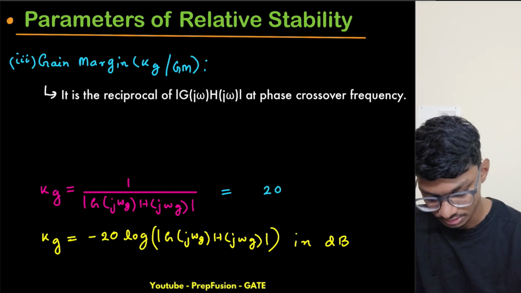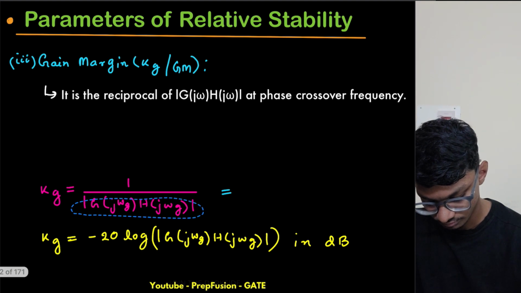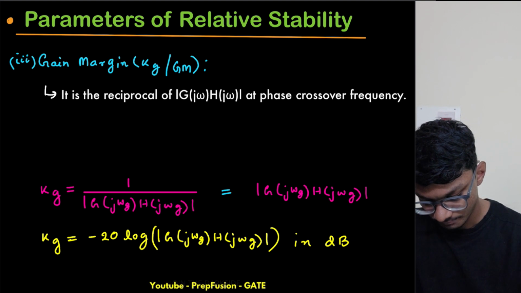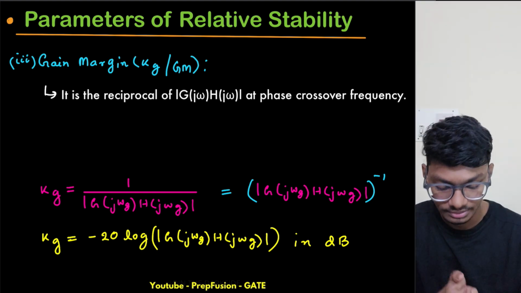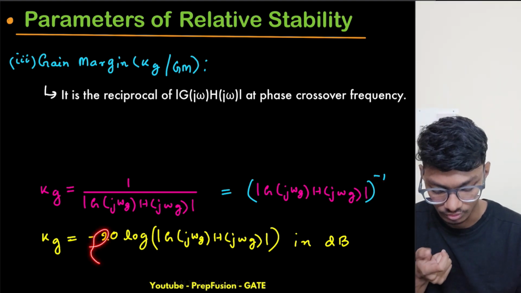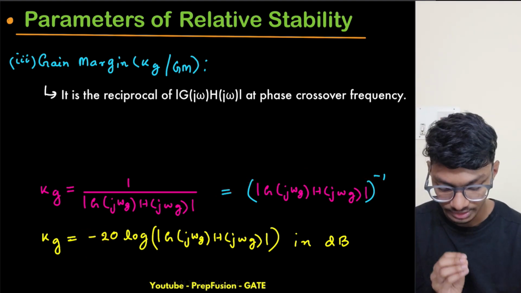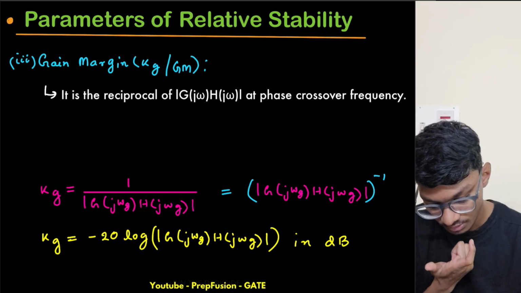I can write this as the power minus 1. Now if I take the log of this and multiply by 20, the power comes in front of the log, so minus 1 can come in front of the log. Simple log property. That's why I get minus 20 log of this magnitude.